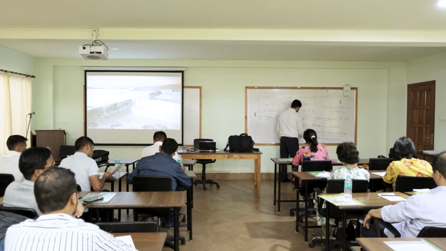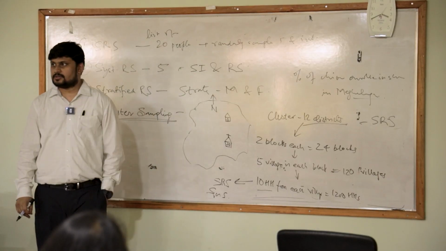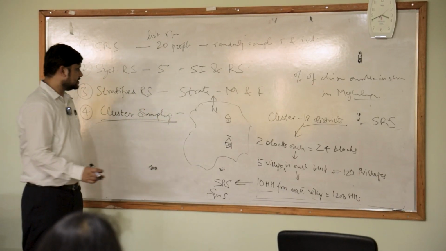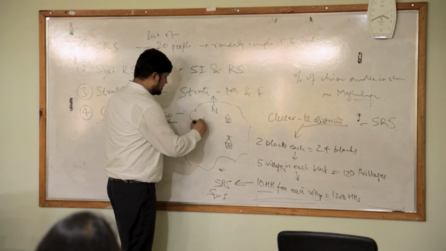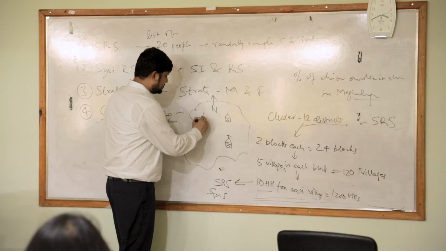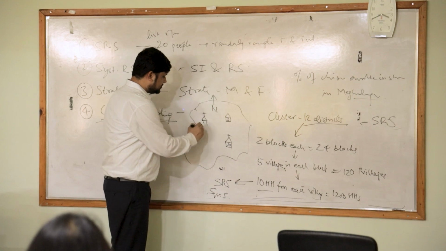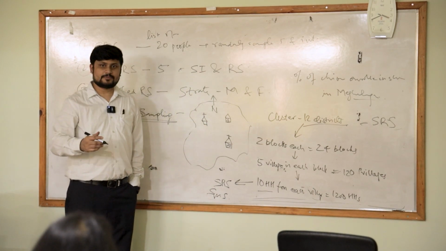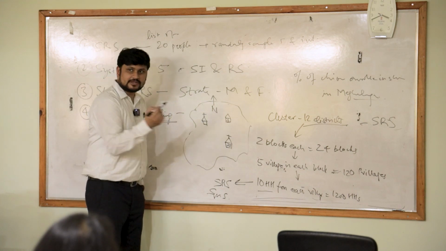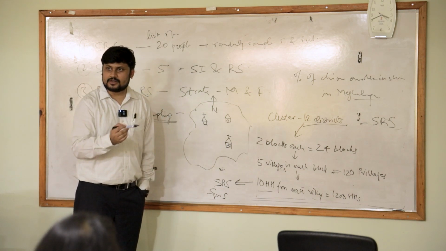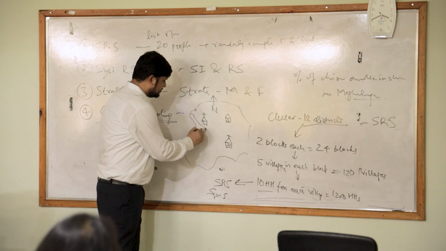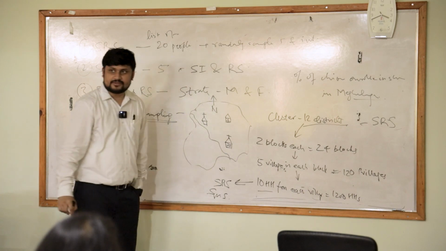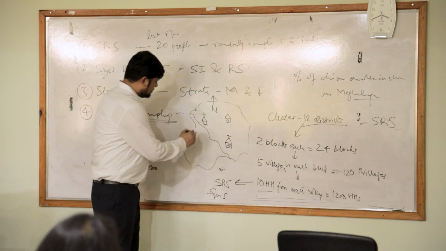The person might say there is a church somewhere, so you mention a church. Another person might say there is a stream that flows through the middle of the village, so you demarcate the stream here.